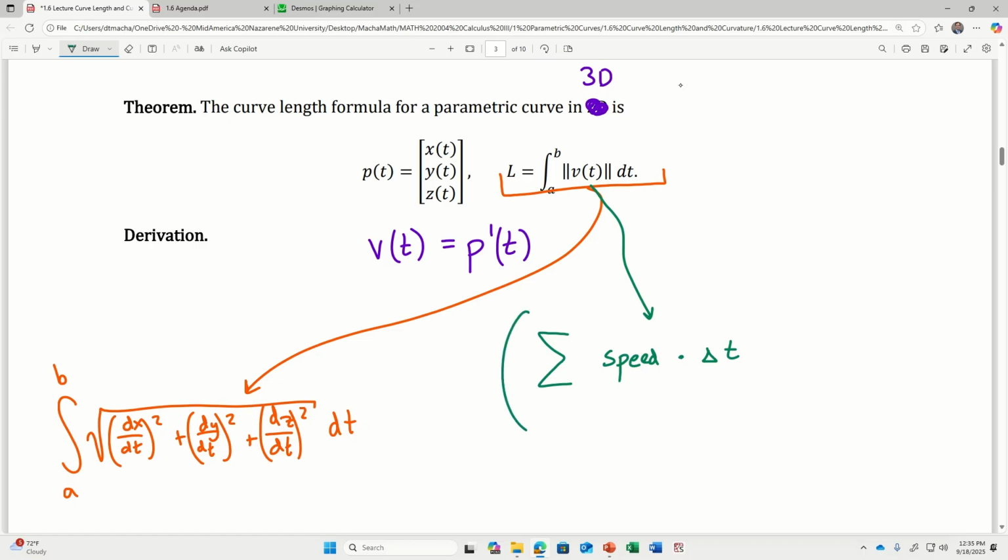And then we take the limit as delta t goes to 0, and we get the integral of speed times the limit of delta t, which is going to be lowercase dt, and again that gets us our familiar formula. But this curve length formula is just integrating your speed function with respect to time.